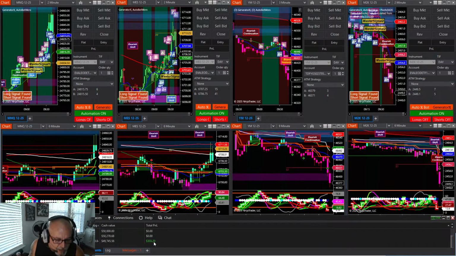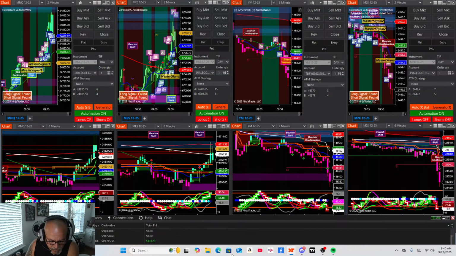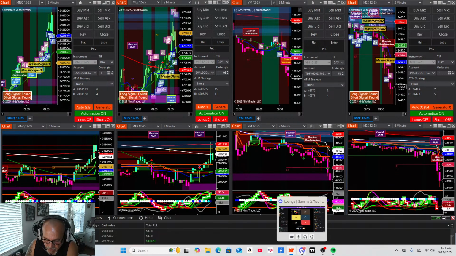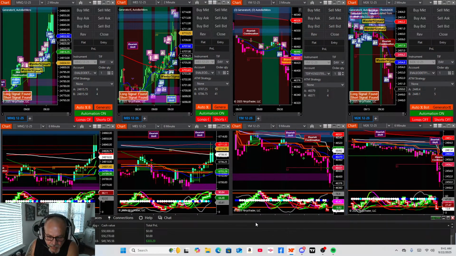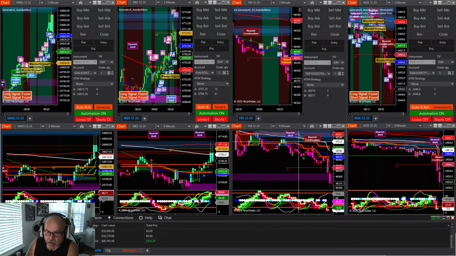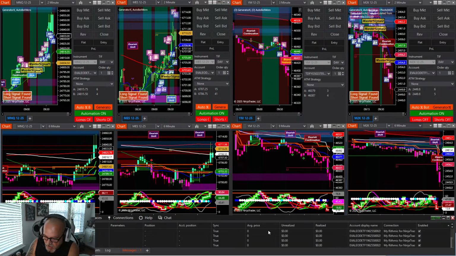Well, we made $300 on that trade, but the bot did not set up my brackets, so I'm gonna have to double check all my bots. I just had to hit the close on the chart trader, which also turned off the strategy when I did that.